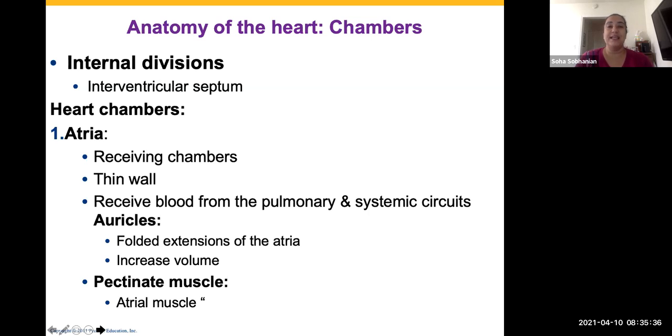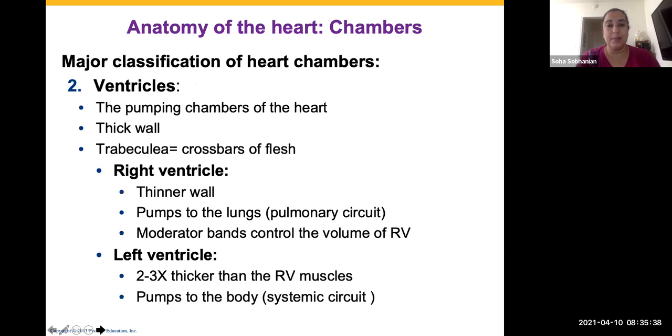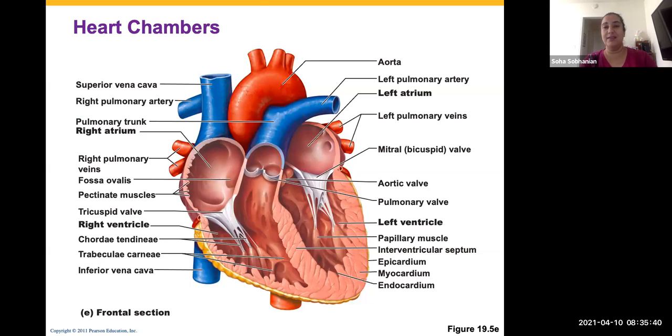So one of the first things that you notice, and again, looking at the pictures that I've shown you already, here's a typical heart image. You have this central piece right here in the middle, okay? This part right here. This is a highly muscular structure which enables us to separate the right side of the heart from the left side of the heart.